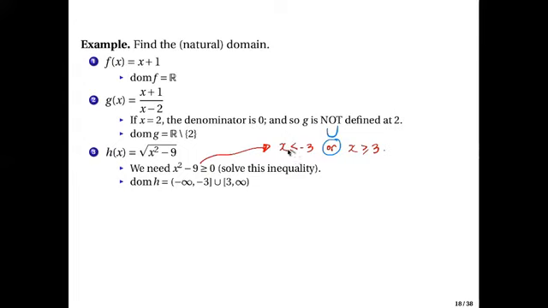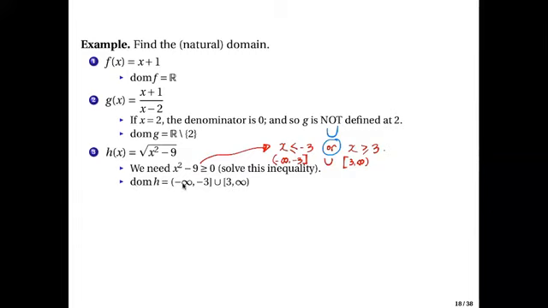And this set, take note, is negative infinity, comma, negative 3. And since we also want equality, you will get this. And then union. And then for this set, you have 3 to plus infinity. And we also want equality, so you have a square bracket here. And that's what you will get in here.